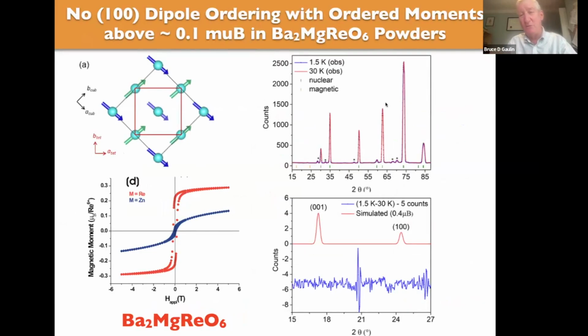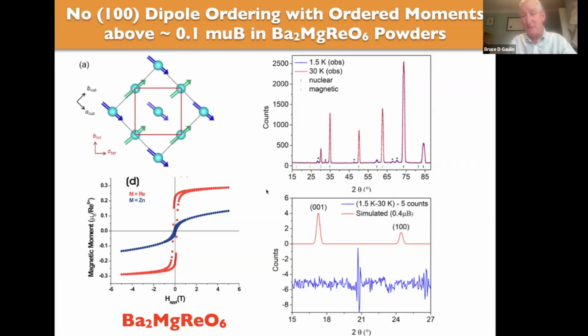But then when we go to do the neutron powder diffraction measurement, if we take their structural refinement at face value and do the same sorts of experiments that we've been doing before, which is just looking at the difference between the powder diffraction at low temperatures and high temperatures, we can't reproduce the Bragg peaks associated with this structure.